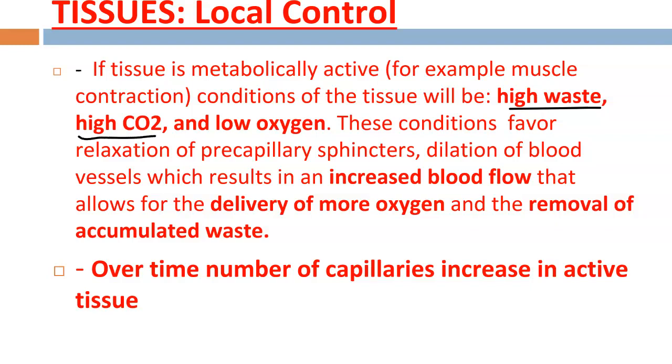Also, there is a high concentration of carbon dioxide at the same time as there is low oxygen. These conditions are going to relax the precapillary sphincters and allow more blood into the tissue to deliver more oxygen and remove more waste. Now, over time, a tissue that is consistently more active will grow more capillaries, but local control responds to temporary needs of a tissue based on its activity.